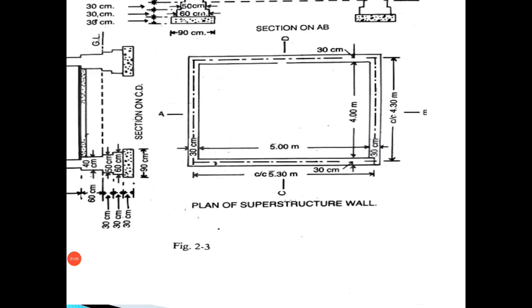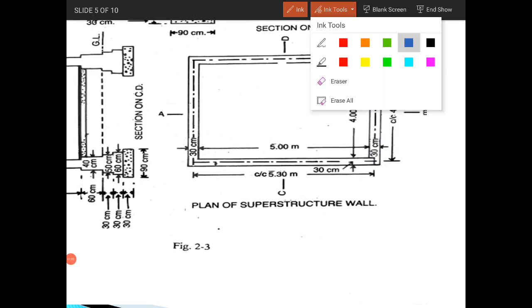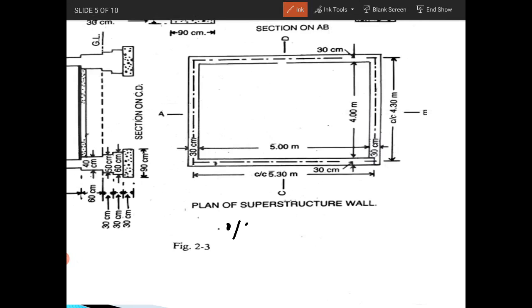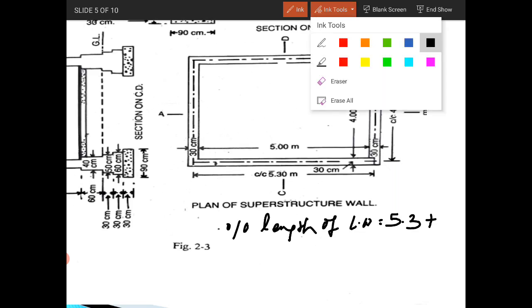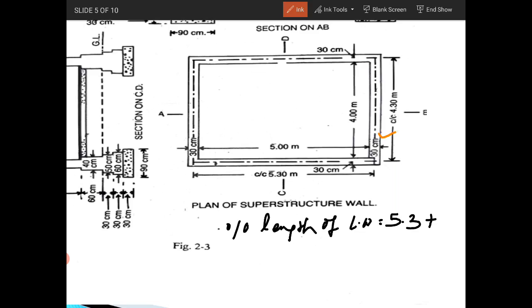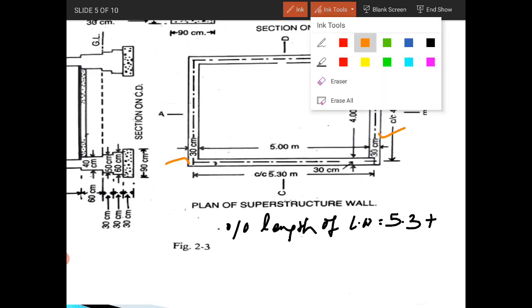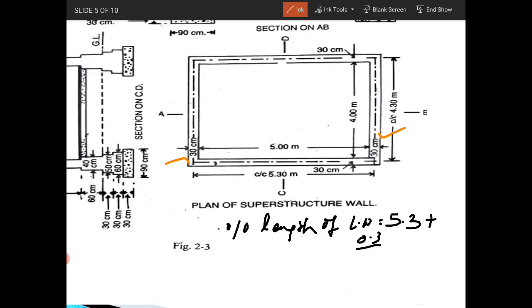What will be the out to out length of the long wall? The center to center length is 5.3, plus 0.3 by 2 on one side and 0.3 by 2 on the other side from the center. So 5.3 plus 0.3 by 2 plus 0.3 by 2 comes as 5.6 meter.